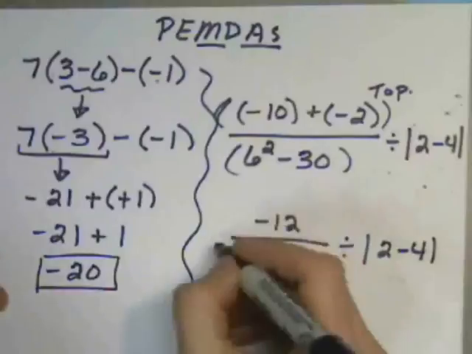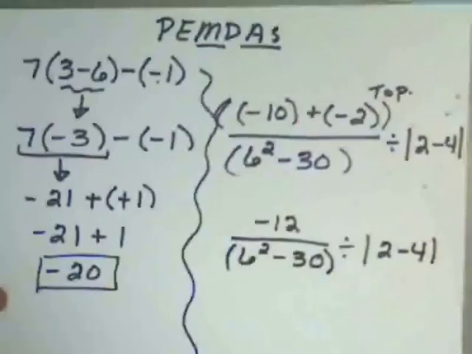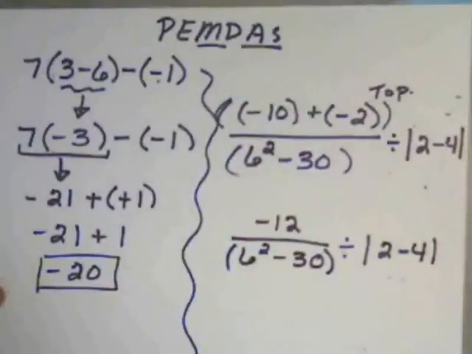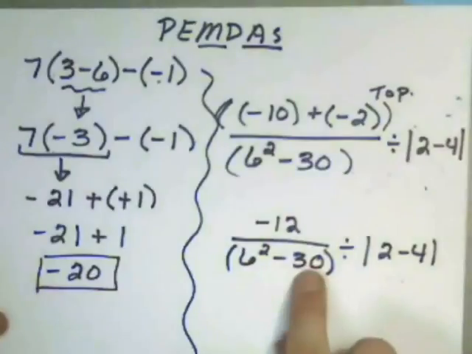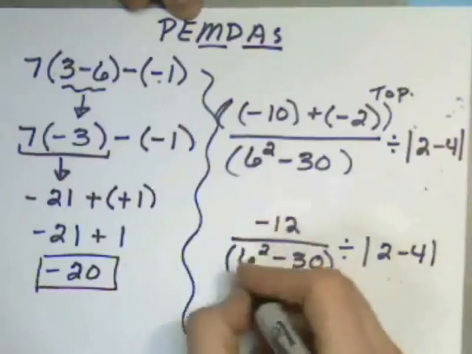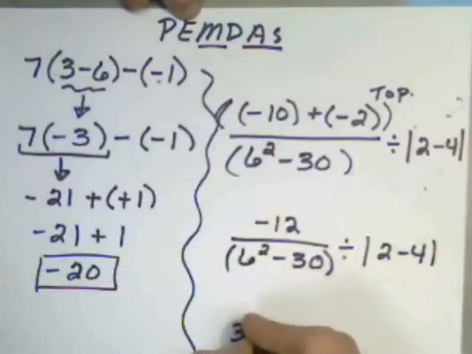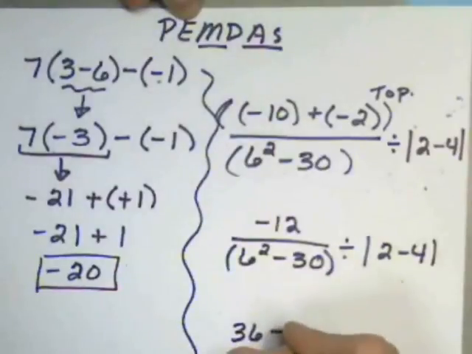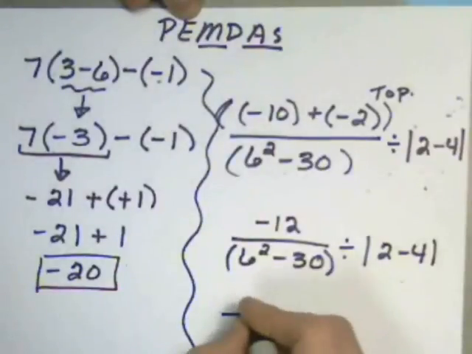Again, when it comes to parentheses, the bottom of this fraction is treated like its own little grouping set down here. So we'll look inside of these parentheses. On the inside, are there more parentheses? No. Are there exponents? Yes. 6 squared. 6 times 6 will give me a 36. And I'm going to recopy everything else.